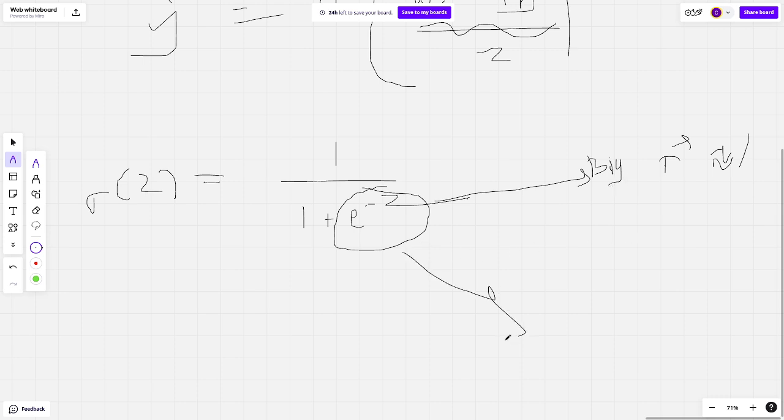Now the second possibility, when Z is small: e to the minus Z will be a really big number, and 1 upon 1 plus a really big number is approximately 0.